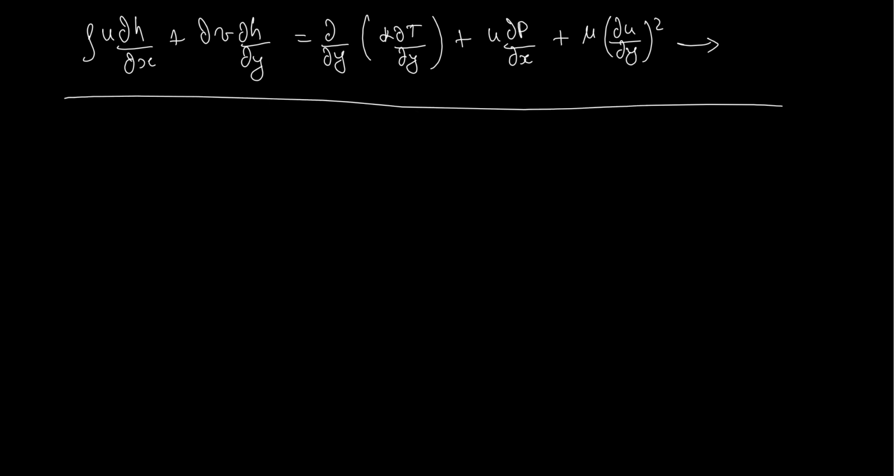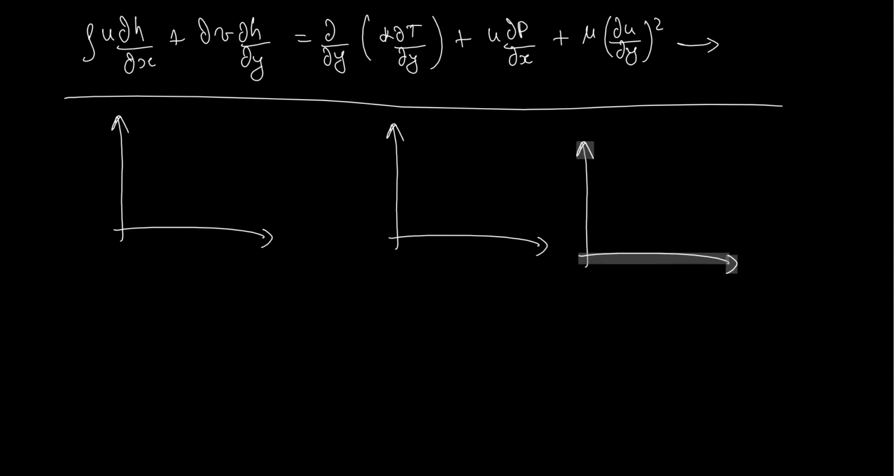Now that we have looked at how pressure gradients and velocity gradients look, let me consider three cases. I'll just copy this. This is the first case, this is our second case, and this is my third case. For example, I have a boundary layer, which normally looks like this.